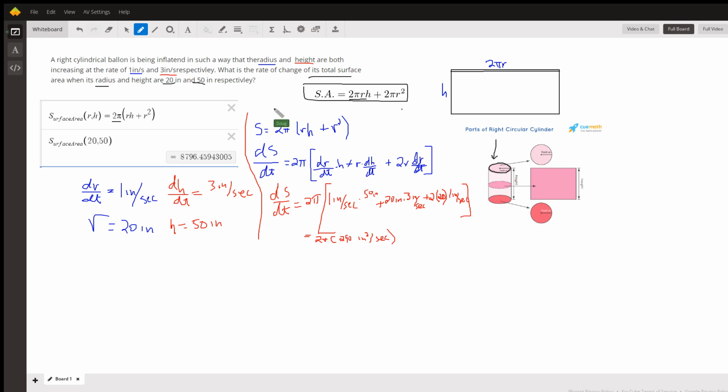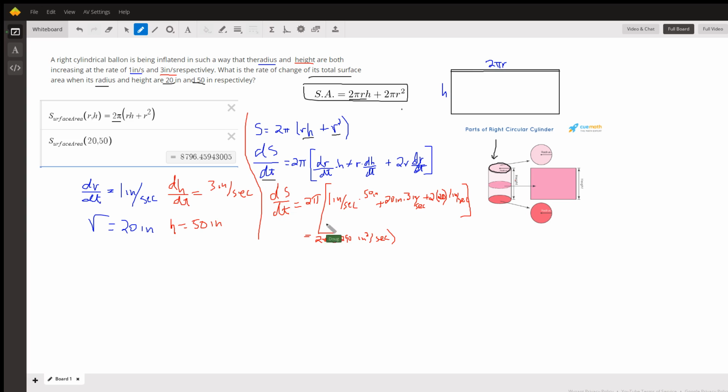For this term right here, we have to use the product rule: the derivative of the first times the second, plus the first times the derivative of the second. And finally, for r squared, it's 2r times dr/dt, applying the chain rule. At that point, we've got a formula for the derivative of the surface area with respect to time.